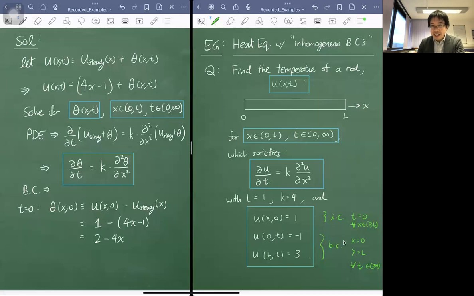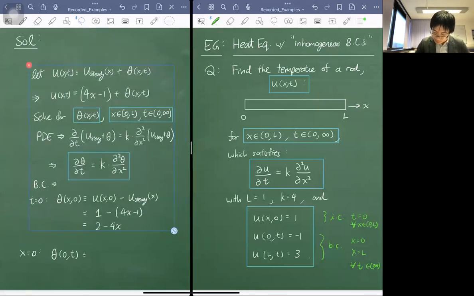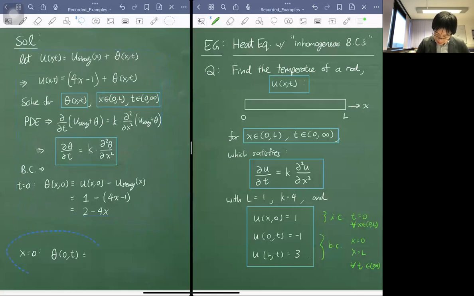Now let's look at x equals 0. Theta of 0, t. Again, that's identical to, let's shrink all this a little bit to give myself more space, because this is the key part of the substitution, the change of variable.